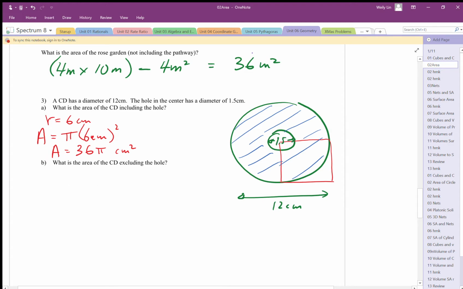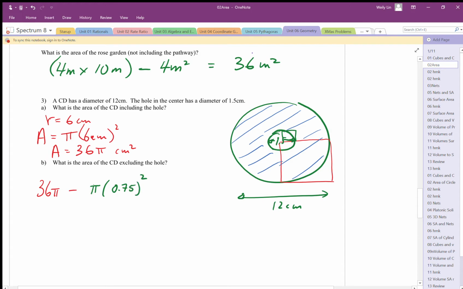So I'm going to take my whole area, which is 36 pi, and I'm going to subtract the area inside, which is going to be pi times the radius squared. I need to make a radius squared here. That radius is not going to be 1.5, but it's going to be half of 1.5, squared.